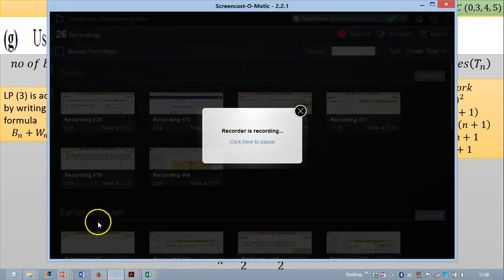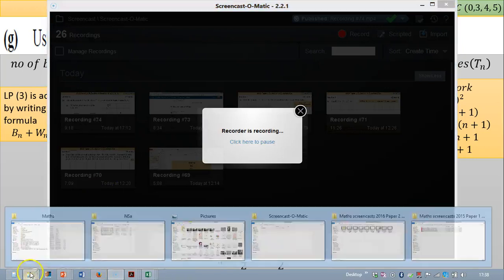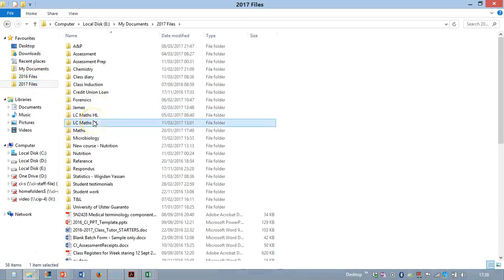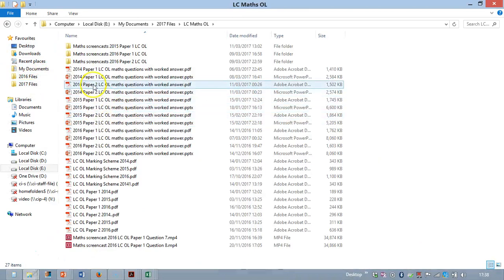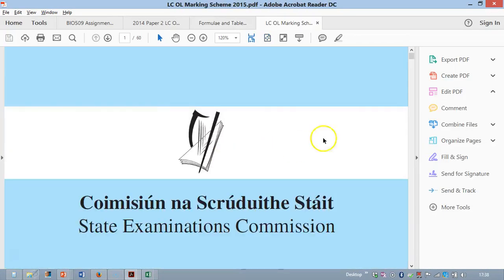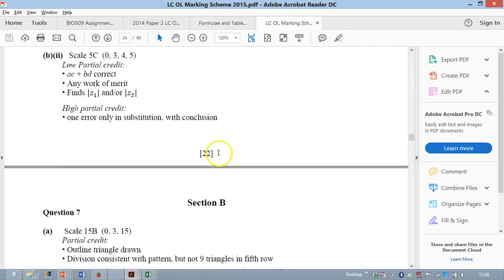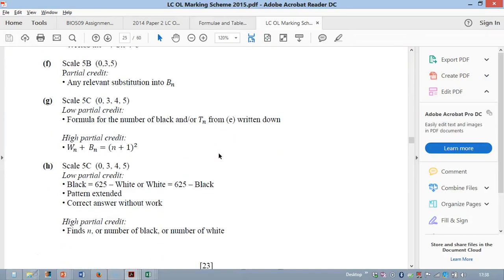I can just go and quickly get the marking scheme and just double check it. And see now, 2015 marking scheme. So paper 1, question 7. This is the last paragraph.